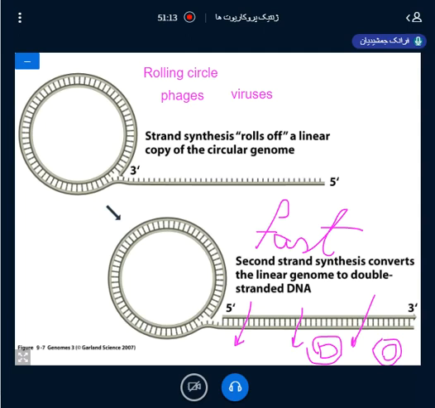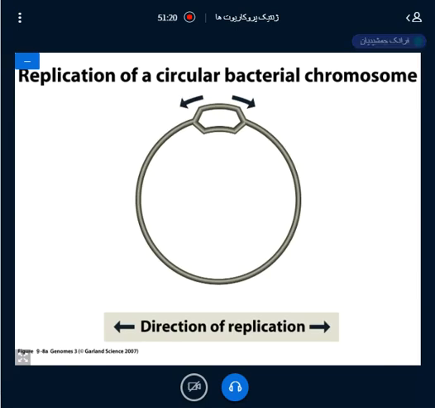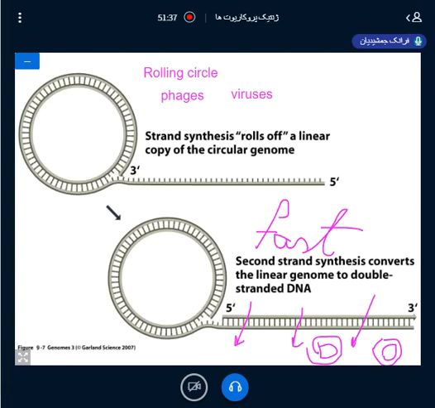Okay, any questions? The whole process of replication is too fast.